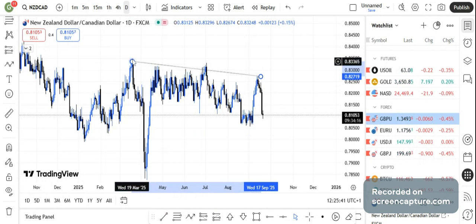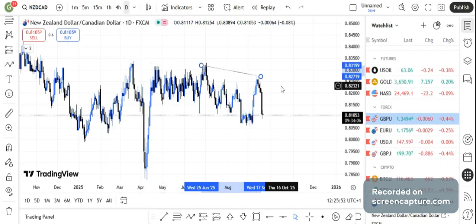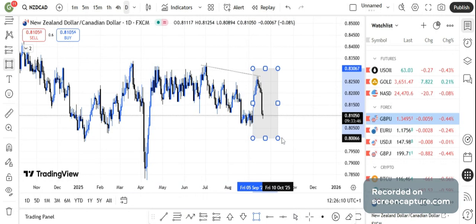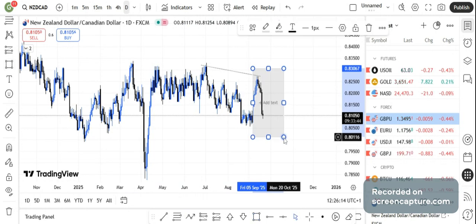Let me just put that there. As you can see, what did price do on the daily time frame? Price dropped. So we'll be looking at this side, just this point that we are. Let me just mark where we are looking at. So that is where we are looking at.